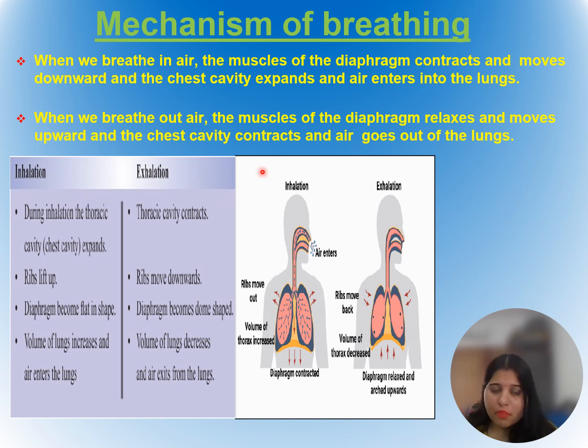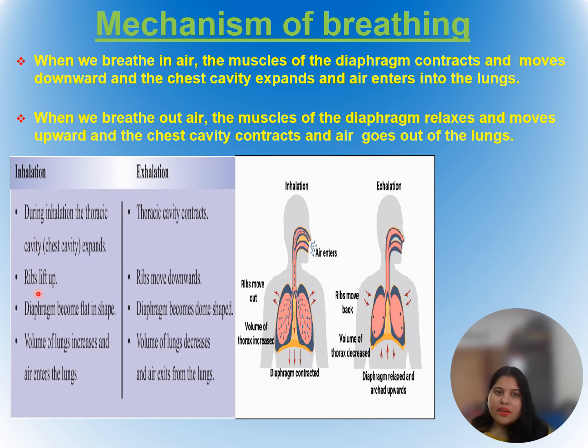So what is the difference between inhalation and exhalation? During inhalation, thoracic cavity expands. Thoracic cavity means chest cavity. This cavity increases because our body requires more amount of oxygen. That's why this cavity increases. And during exhalation, thoracic cavity contracts so that more pressure can be created and air can go out.